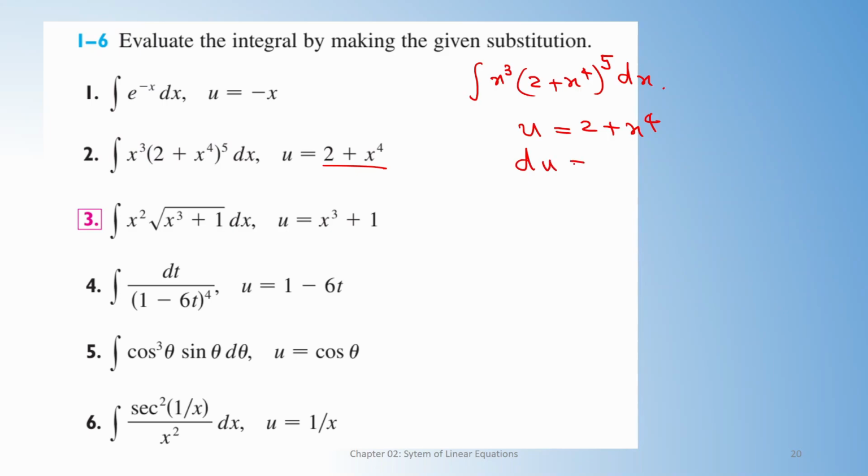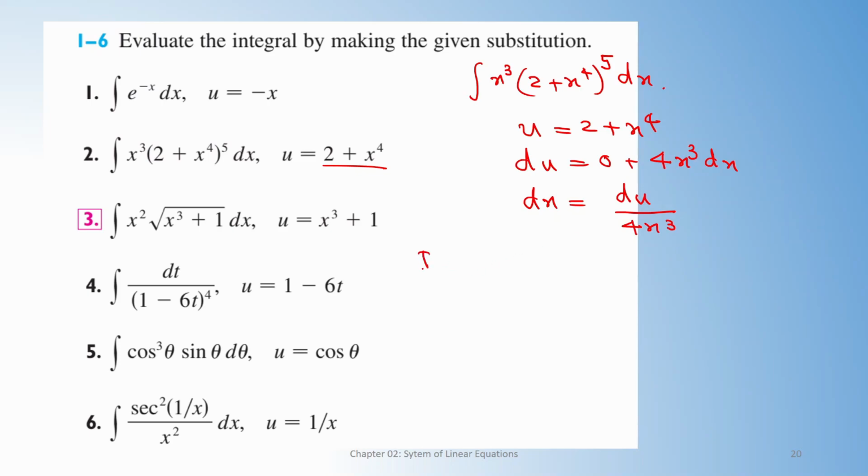So du is equal to 0 plus the differentiation of x⁴, which is 4x³, times dx. From here you get dx is equal to du over 4x³.